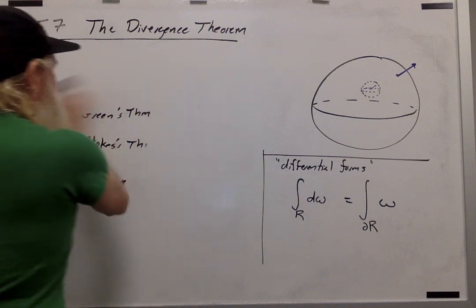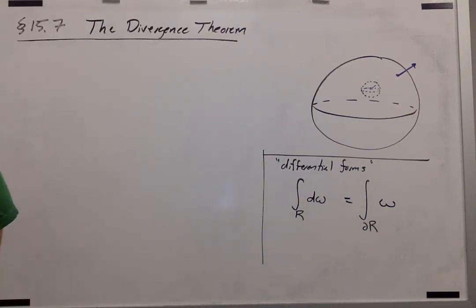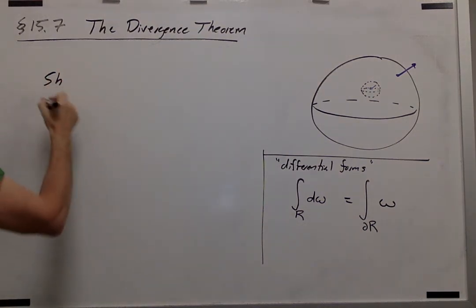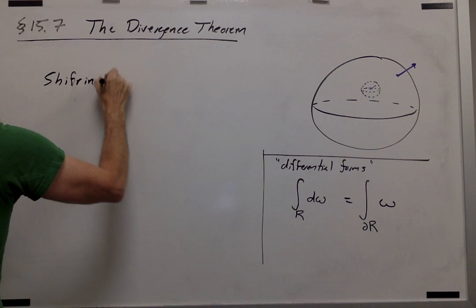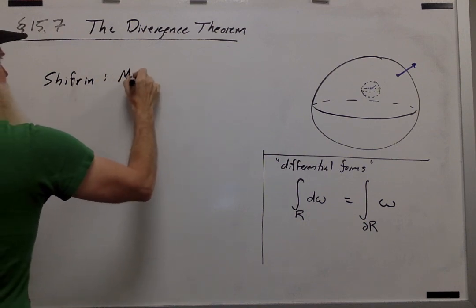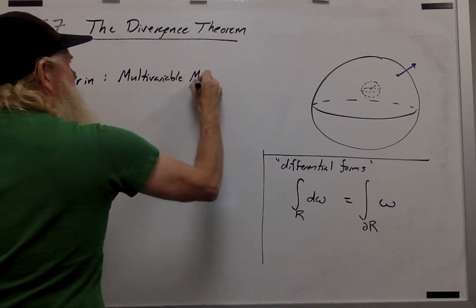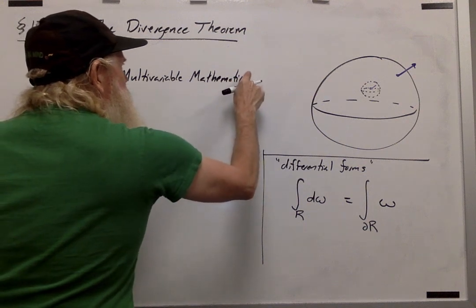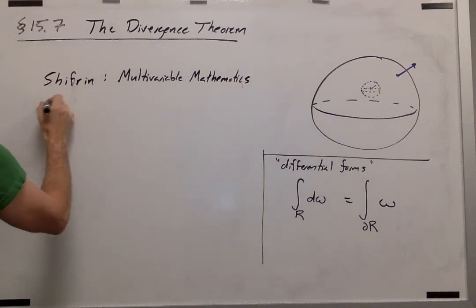And if you're curious, now that we're getting toward the end of the semester, if you're looking for something to read over the break, I have two great references if you want to learn more about differential forms. One of them is the textbook by Ted Shifrin, called Multivariable Mathematics, which is a nice combination of Calculus 3 and linear algebra.